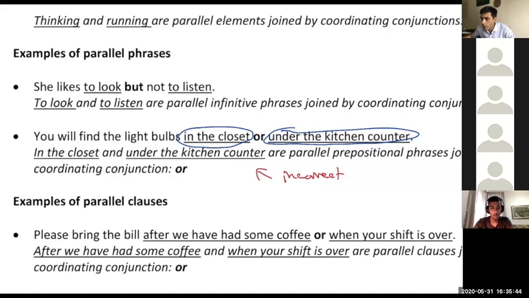Okay, this is a good one. "You will find the light bulbs in the closet as well as the kitchen counter." Sorry, that is an incorrect parallel structure, so that sentence is a correct submission, because "in the closet" is not parallel with "the kitchen counter."